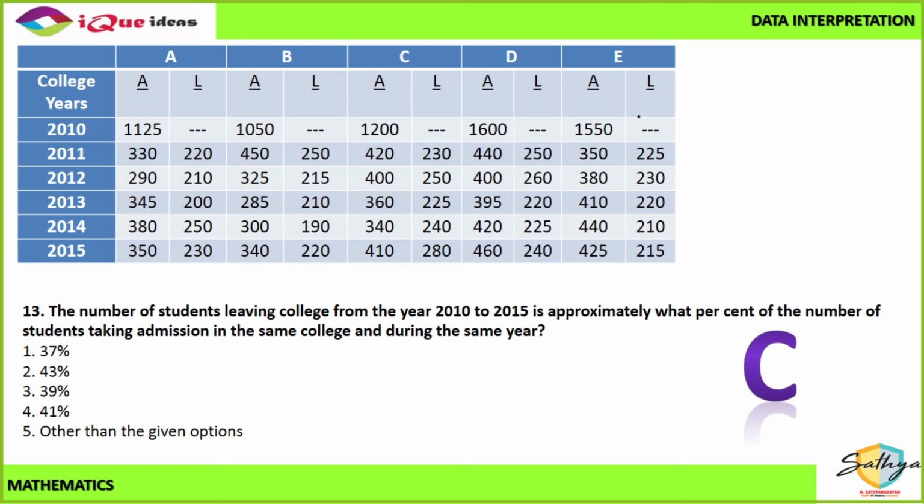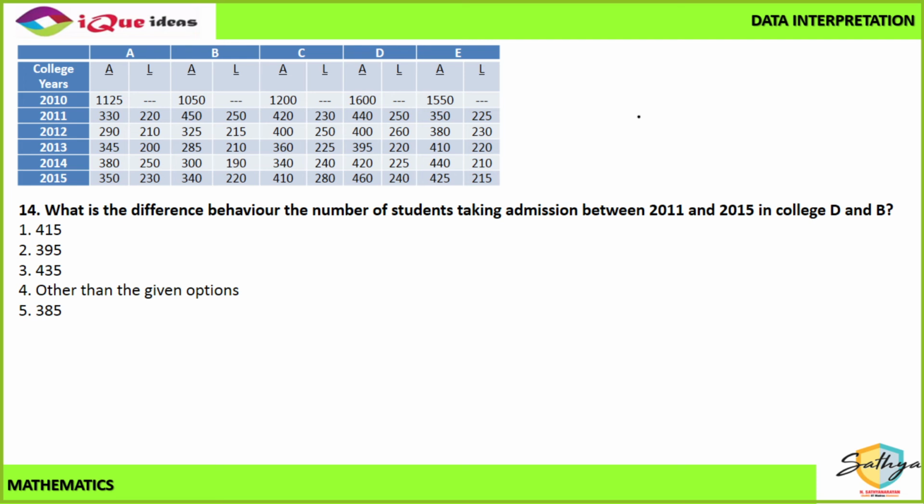Add all the A's, add all the L's, and L divided by A, that is your answer. Shall I move on to the next question, guys? In this question there is only more calculation, nothing to understand. Okay, moving on to the next one then.